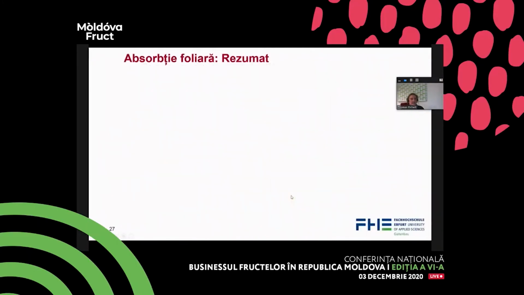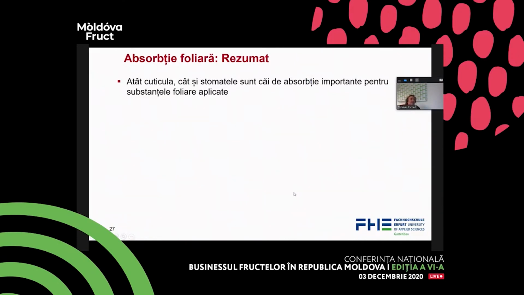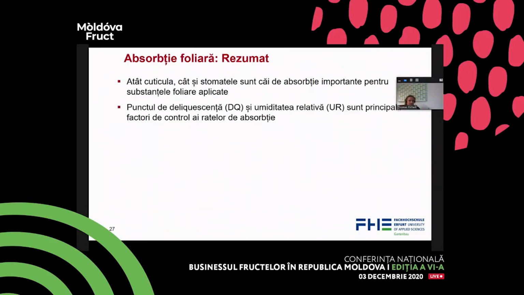Okay, I have limited time, and I'm afraid I have used too much time already, but I'm already at the summary. So both the cuticle and the stomata are important uptake pathways. So this refers to where it is absorbed. The second is that the deliquescence point, together with the relative humidity of the atmosphere, are the main factors controlling this process.